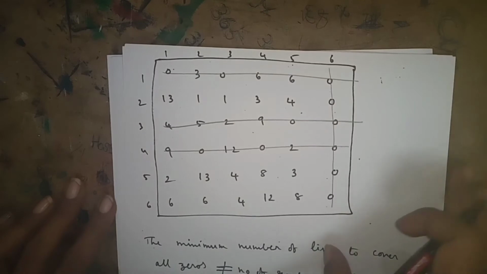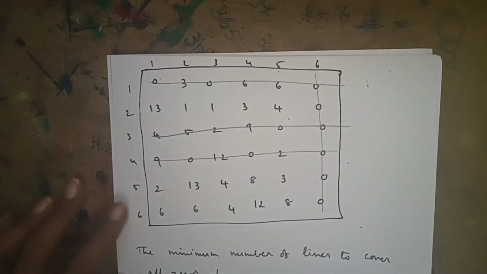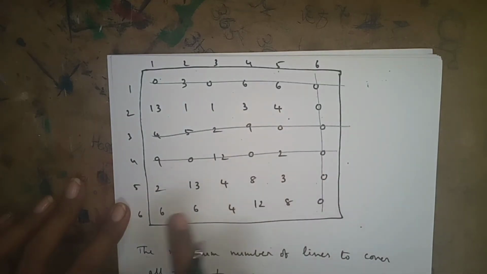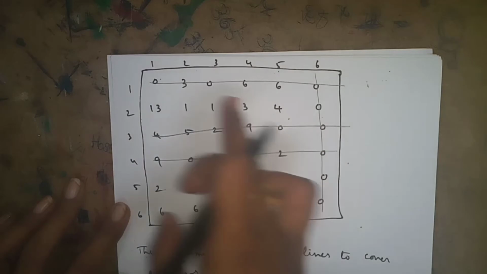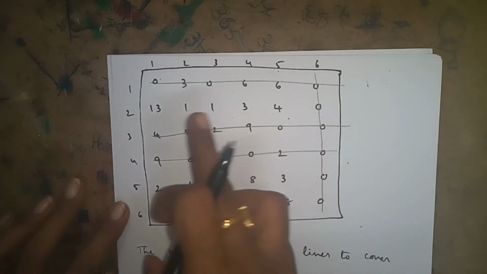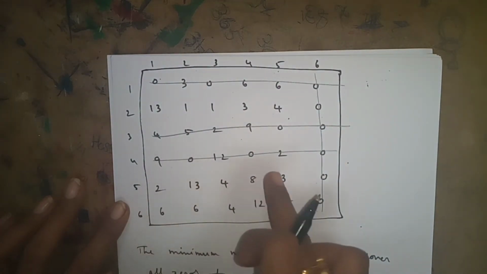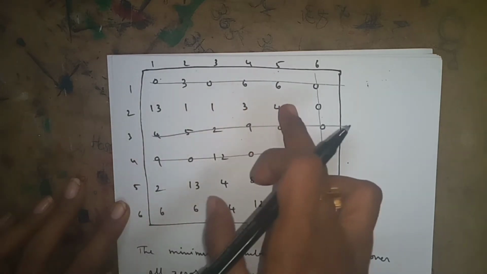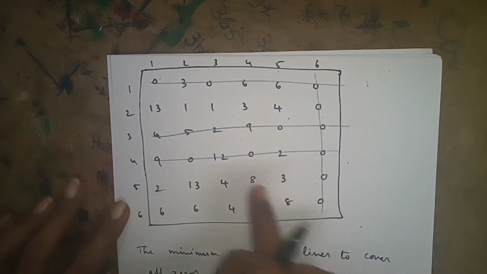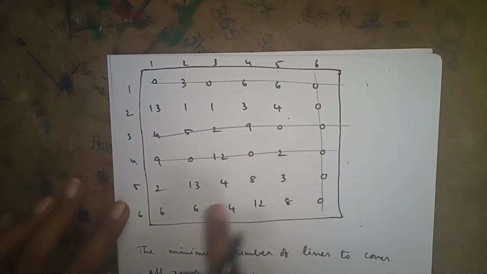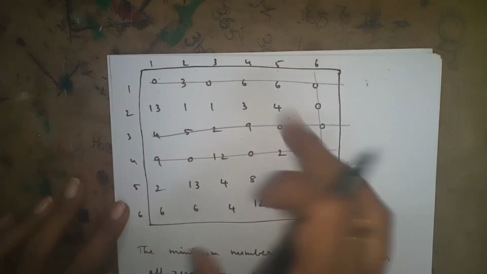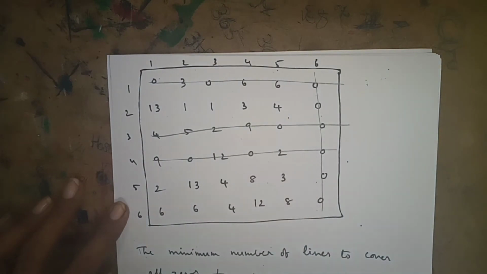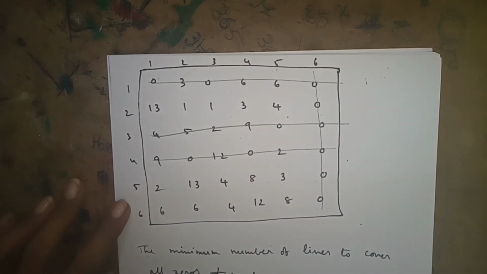While going to the next iteration, take the minimum value from the uncovered elements. These are all covered elements with lines. Identify the minimum value from the uncovered cells. What do we have to do with that element?